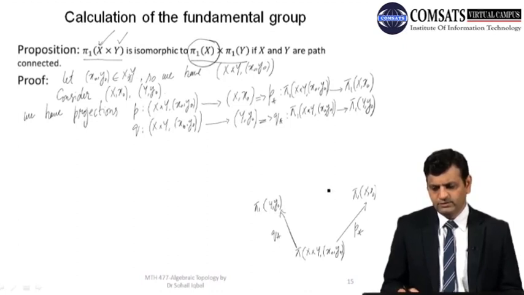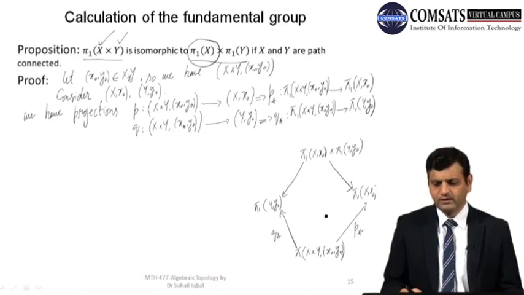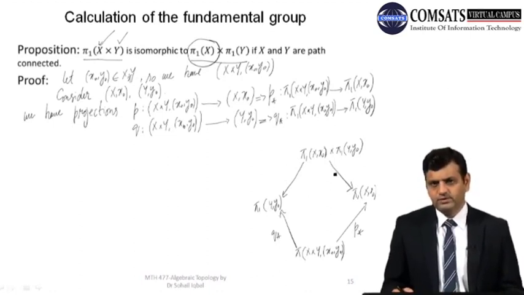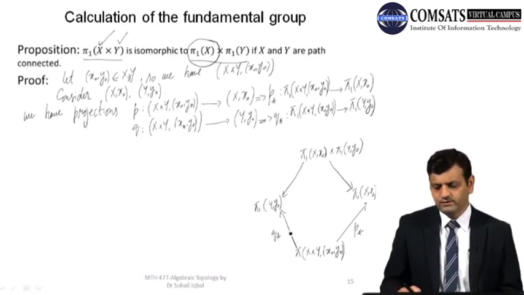And we also have the projection pi 1 of X naught cross pi 1 of Y naught, where we just take the first coordinate to this, and the second coordinate to this. So this is basically some map. According to our previous discussion, if we have this Q star and this P star, then there is this map (P star, Q star).